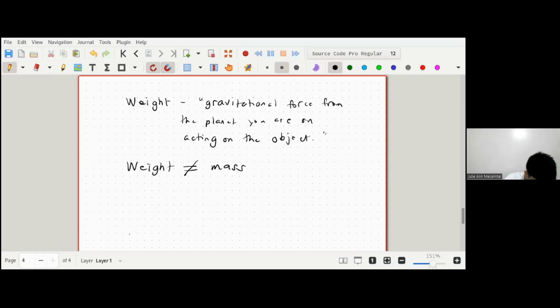Even on the surface of the Earth, iba yung gravitational force na nararamdaman mo if you are standing on top of a mountain versus on a plane. May local variations. Hindi talaga siya constant. It's just, to a good approximation, constant.